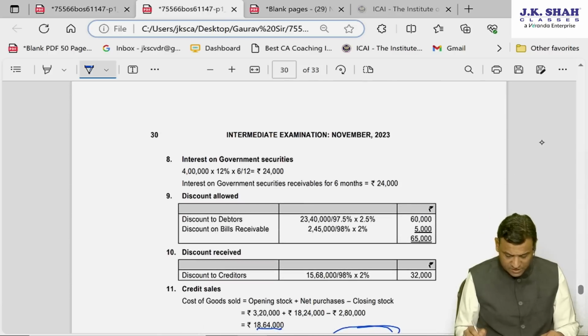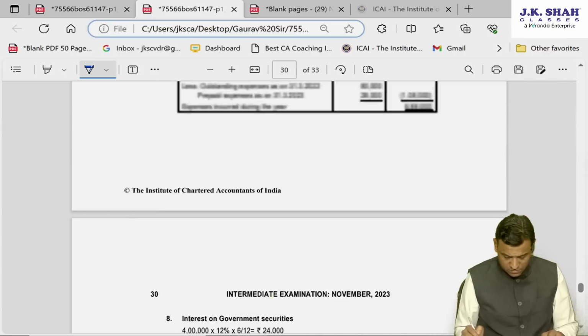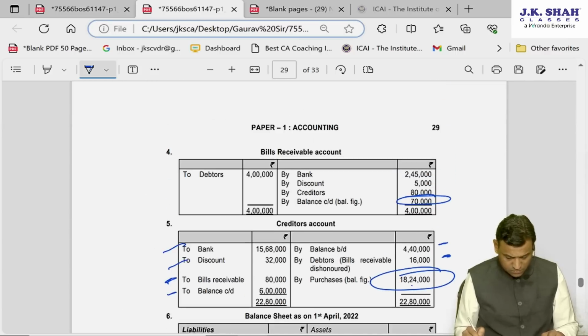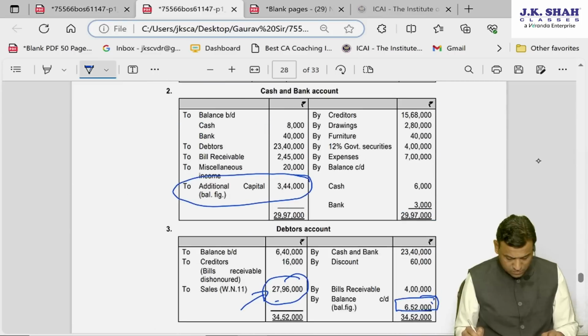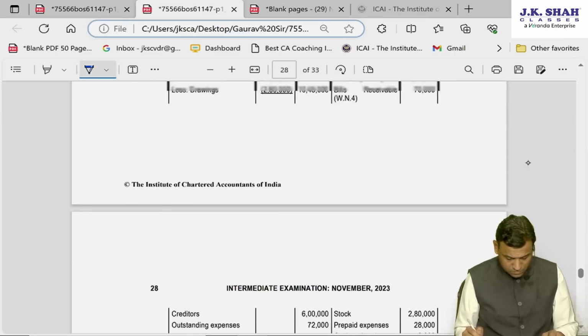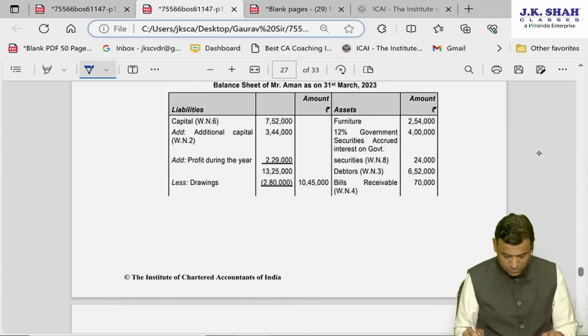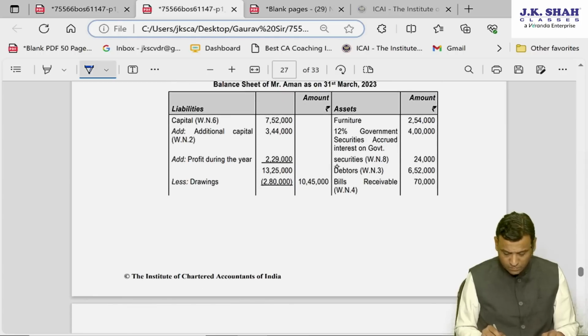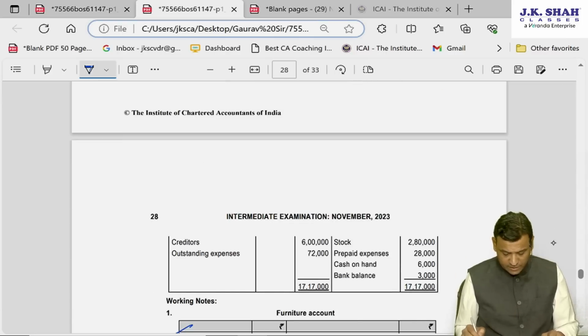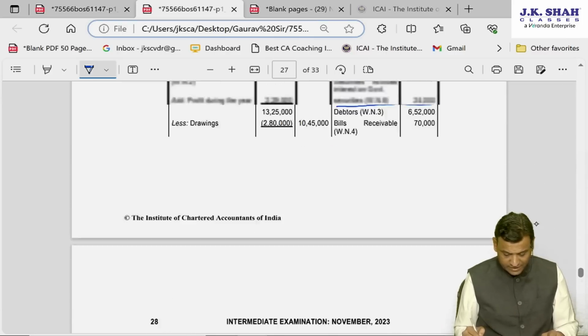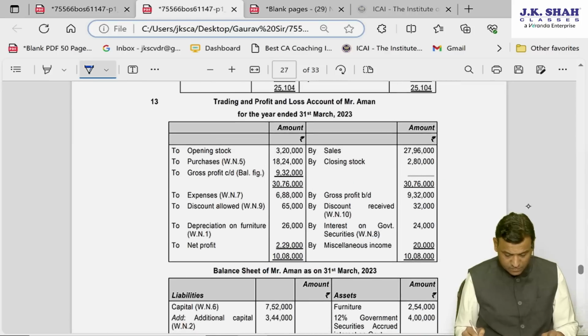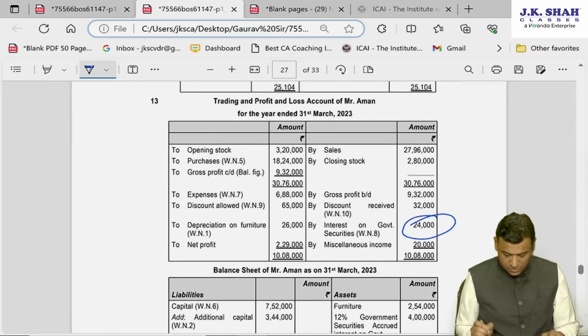Interest on government securities 24,000. It is accrued, so balance sheet asset side and P&L on the credit side.